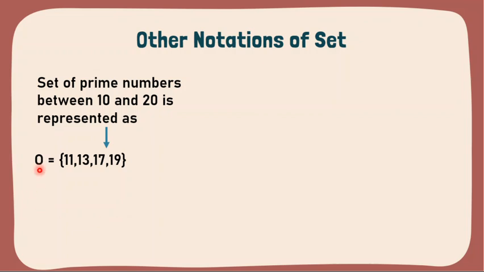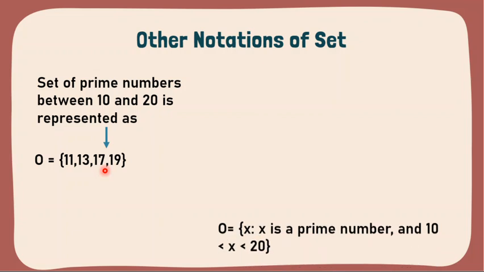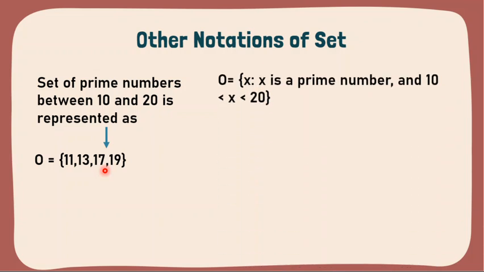We first write the name of the set, in this case, which is O, our equal to, and our curly bracket. Then, because it's a set of prime numbers between 10 and 20, we have 11, 13, 17, and 19.